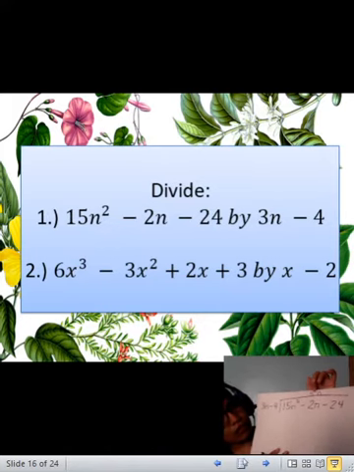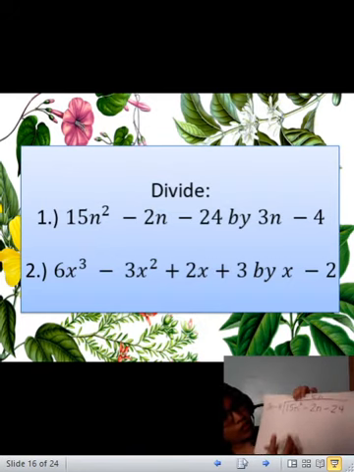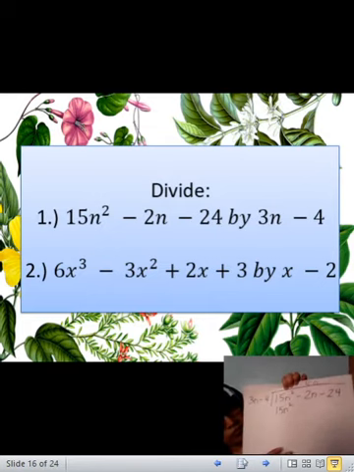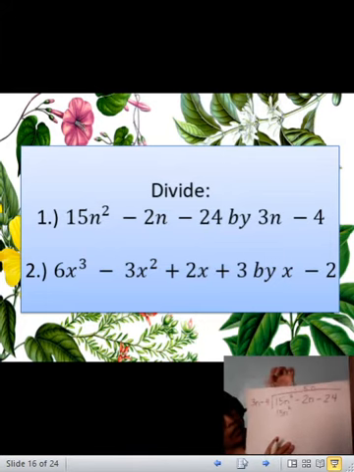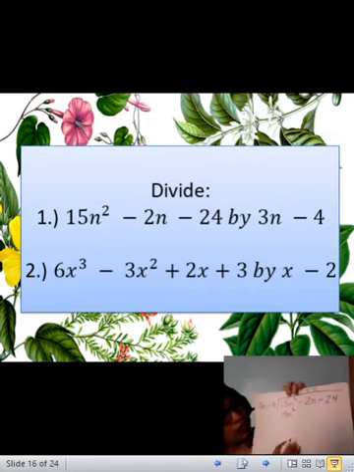So next step, after you divide, is to multiply that 5n to 3n and to negative 4. So 5n times 3n will give you 15n squared. And then 5n times negative 4 will give you negative 20n.